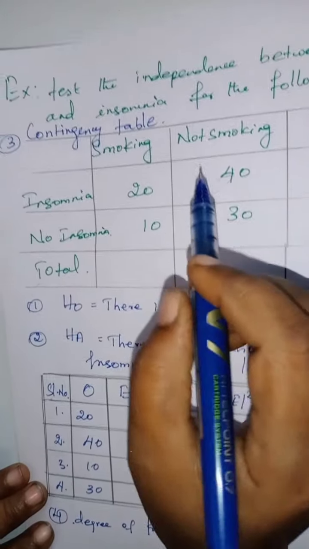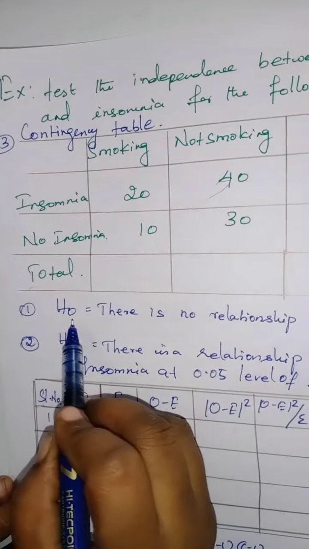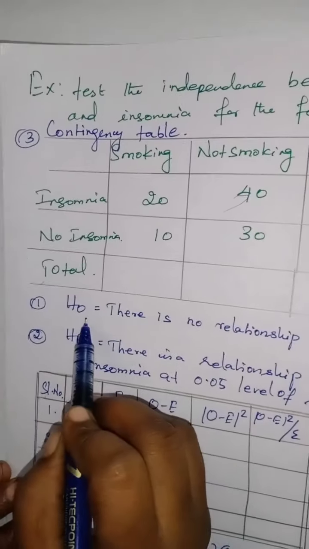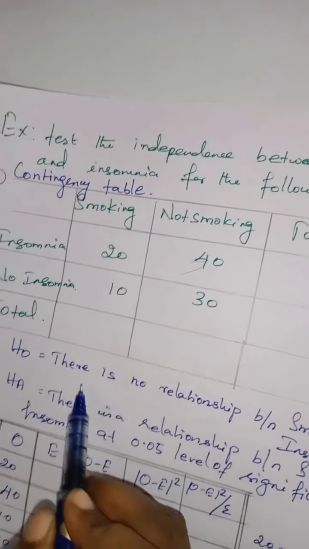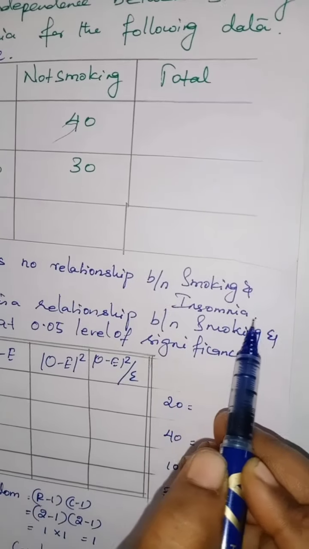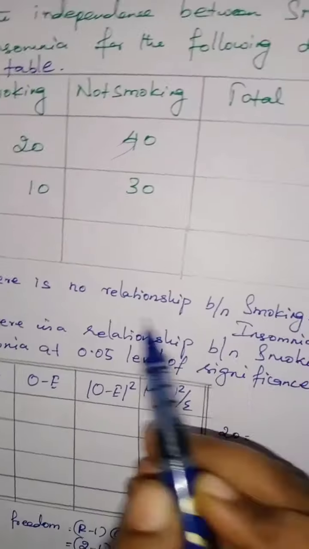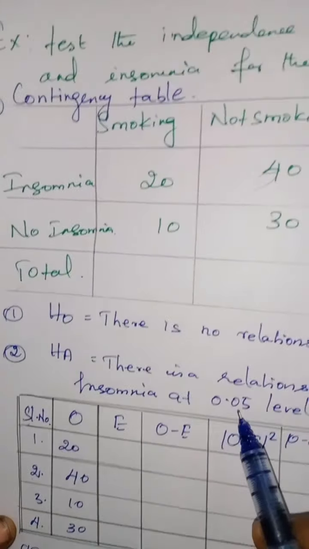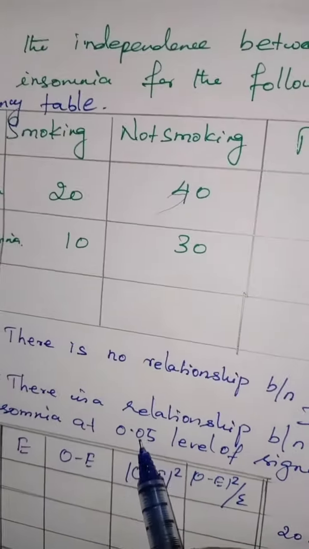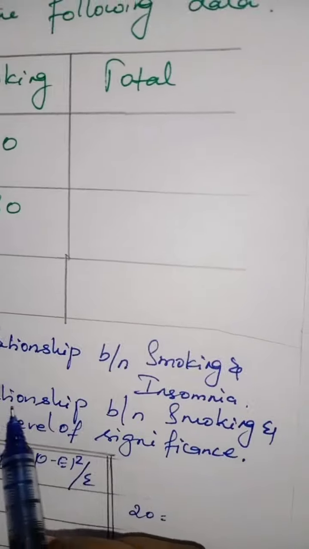Step 1, as usual in the case of a t-test, is to form the null hypothesis, that there is no relationship between smoking habit and the occurrence of insomnia. The alternative hypothesis is that there is a relationship between smoking habit and insomnia, at 0.05 level of significance.